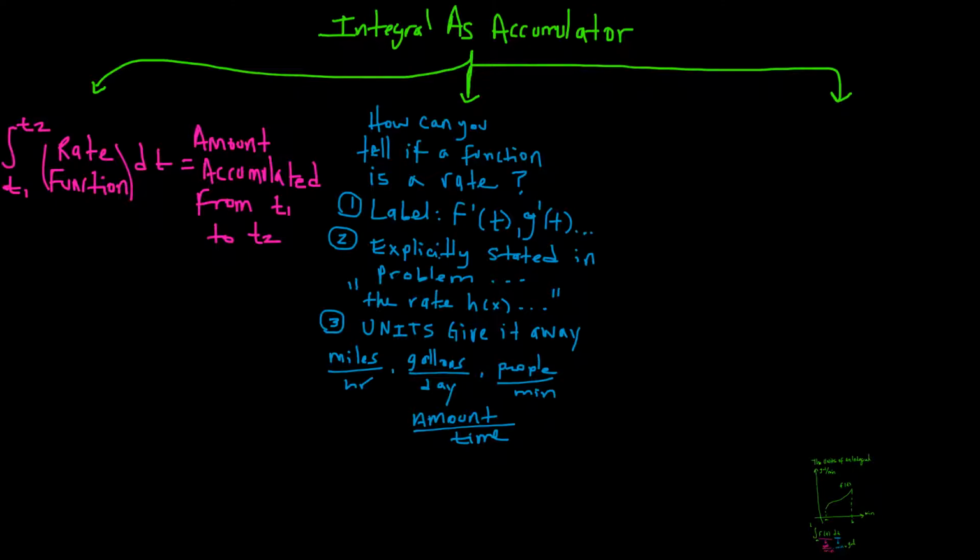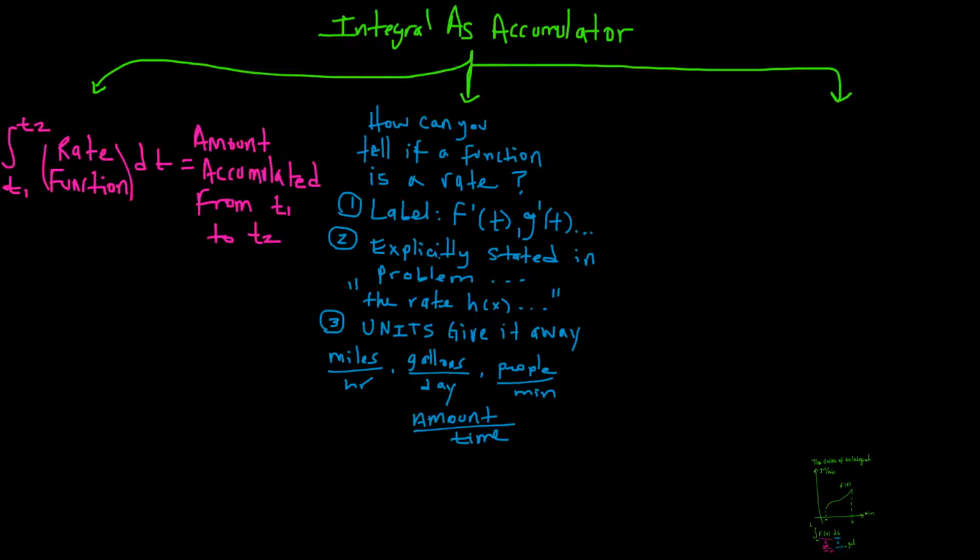It's someone's derivative. Even if they don't put the prime on it, you should know this function is the derivative of another function because of the units. So very important to pay attention to the units. And again, if you integrate any of those rate functions, you will get the accumulated amount.